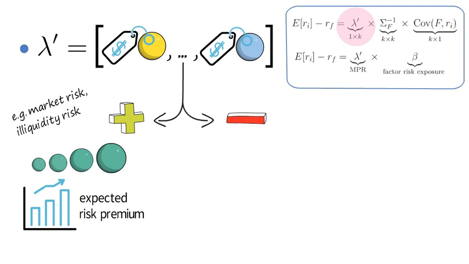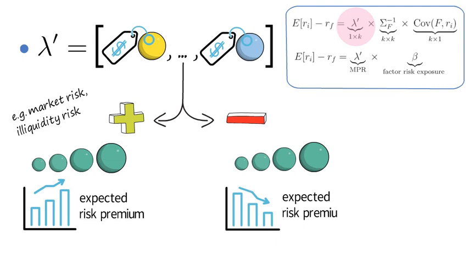On the other hand, a negative value for lambda implies that a rising amount of factor risk induces a reduction in the expected risk premium. A typical example is volatility. Selling volatility in the form of writing options produces on average positive excess returns, which implies a negative market price for volatility risk.